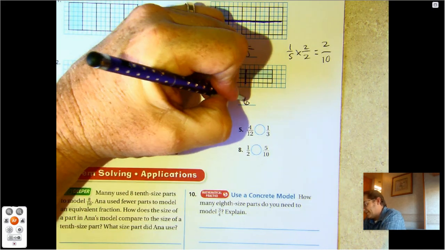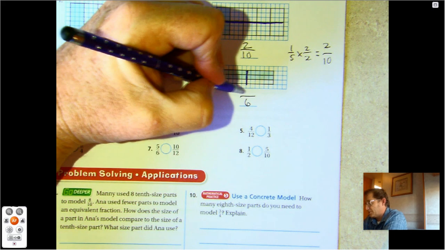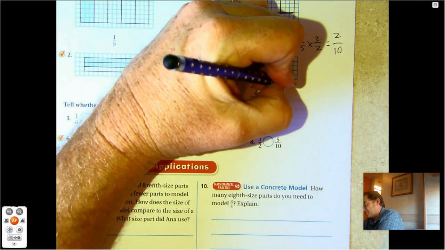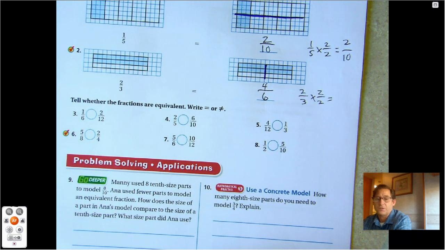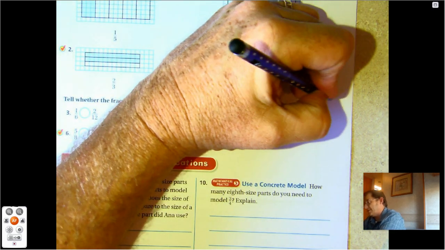So sixths, and how many parts are shaded? I now have 1, 2, 3, 4 parts shaded. Math-wise, that would be 2/3, and I'm saying let's double the number of parts. 2 times 2 is 4. 3 times 2 is 6.